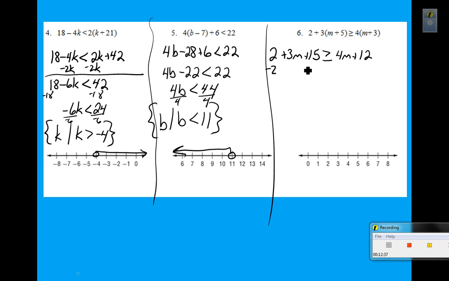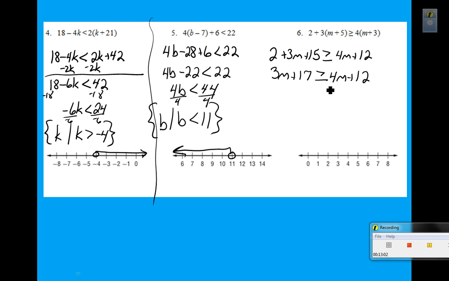They like to go minus 2, minus 2. Don't do that, because if you look at it, guys, you just subtracted 4 from this side, but you didn't do anything to this side. Since they're on the same side of the inequality, just combine them. So I'm going to have 3m plus 17 is greater than or equal to 4m plus 12.